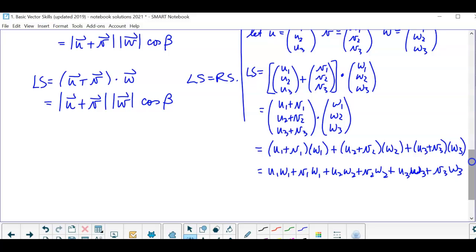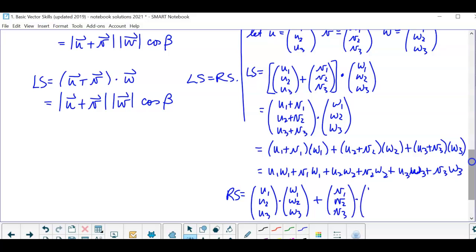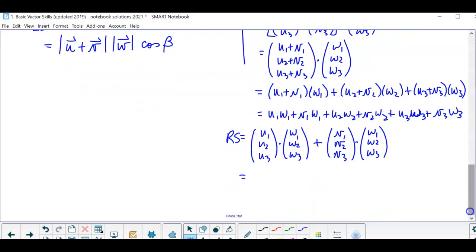And then your right-hand side is U1, U2, U3 dot W1, W2, W3, plus V1, V2, V3 dot W1, W2, W3, which is U1W1 plus U2W2 plus U3W3, plus V1W1 plus V2W2 plus V3W3.